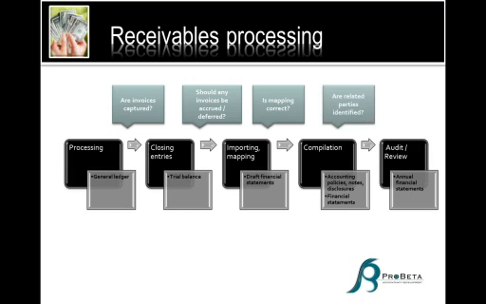Next, the compiler. The compiler looks at it, and one of the questions that they would ask is, well, we've now got the sales captured, credits are right, we've got the debtors captured, debits are right, but is the disclosure correct in accordance with the identified framework, be it IFRS or IFRS for SMEs? For example, both IFRS and IFRS for SMEs require related parties to be identified. Is that disclosure correct in this context?